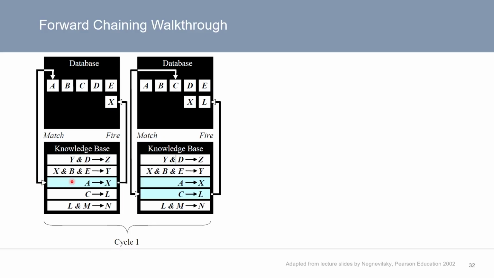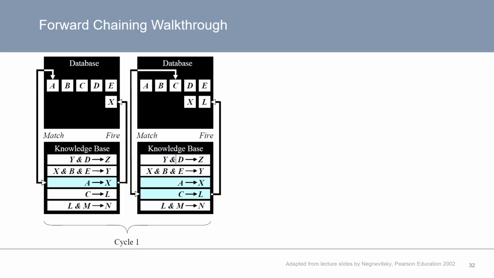A activates or triggers X, so X gets added to our temporary fact base. We then see if B can trigger any rules, but as you can see here, it doesn't trigger anything on its own. We then look at C, and in this case, C does trigger L, so at this point, L gets added to our fact base. This ends the first cycle of our forward chaining approach.